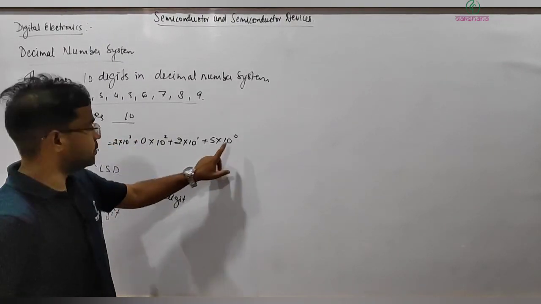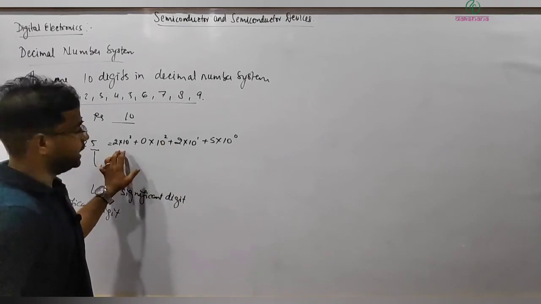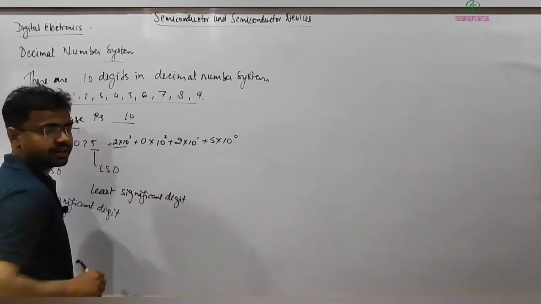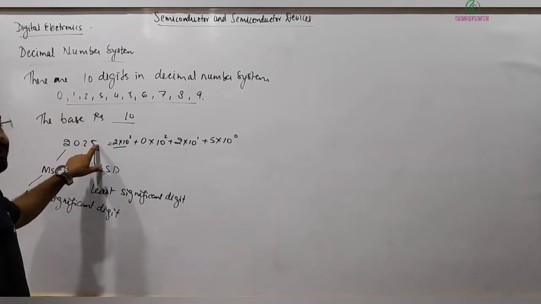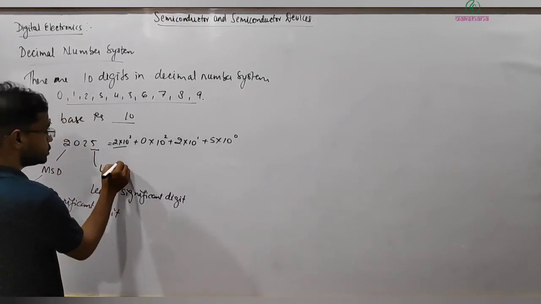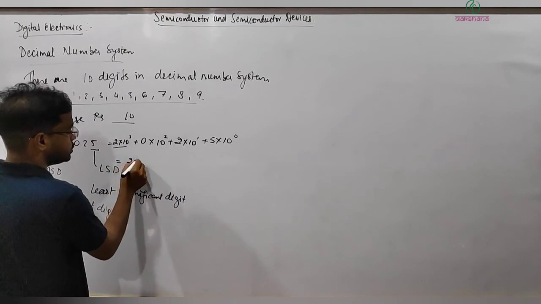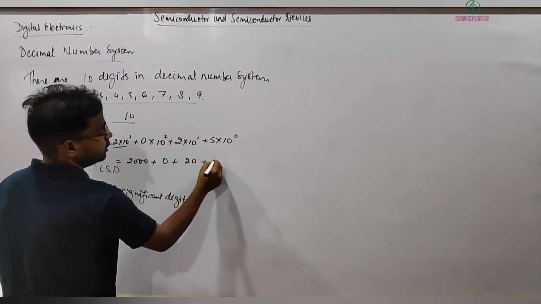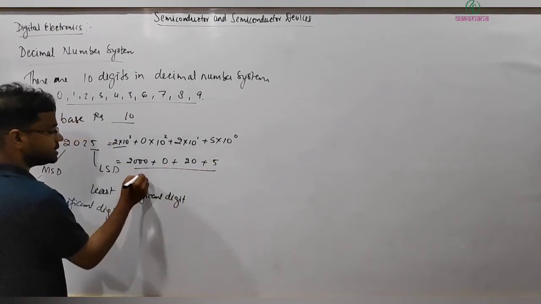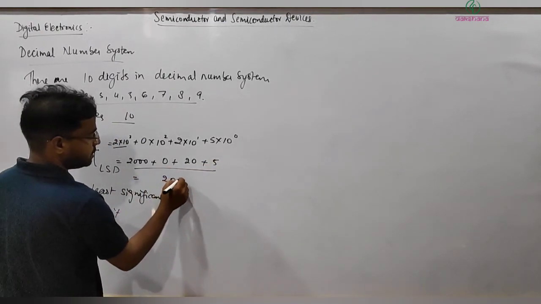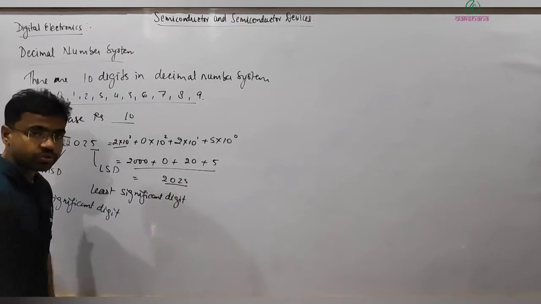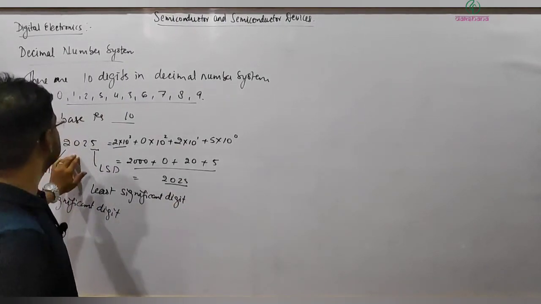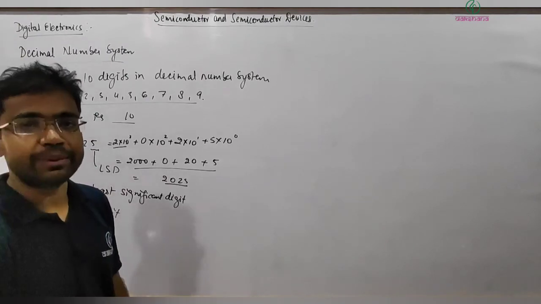Because the base is 10, 2 is the most significant digit and 5 is the least significant. This is equivalent to 2000 plus 0 plus 20 plus 5, and adding it we get 2025. This is what we normally study, called the decimal number system.